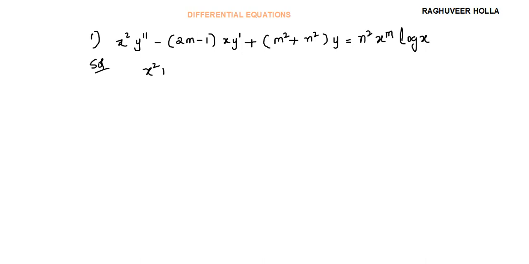Now this is d square into y, minus 2m minus 1 into, that is constant, so you have x here and you have dy, the first derivative, plus m square plus n square into y.